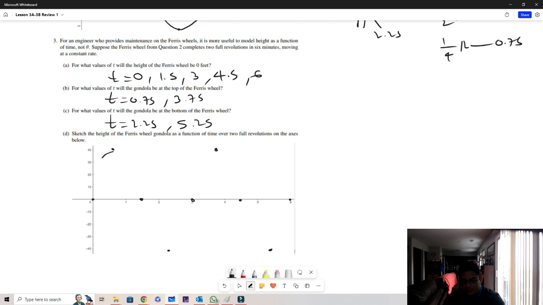As you notice, this is going to be a little bit faster than what it looked like before. So your sinusoidal function should have a graph like this.